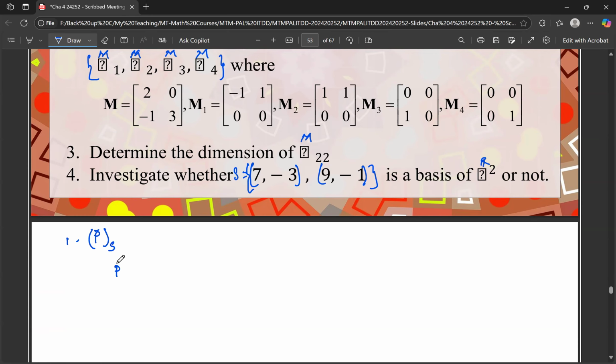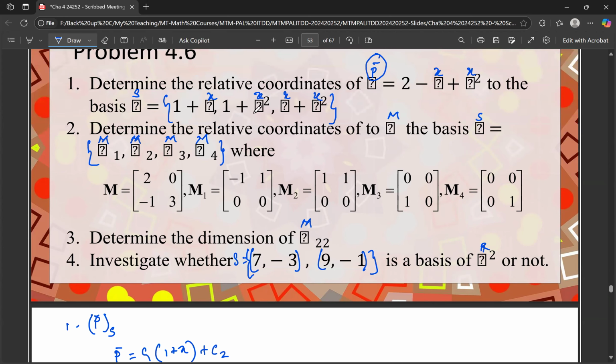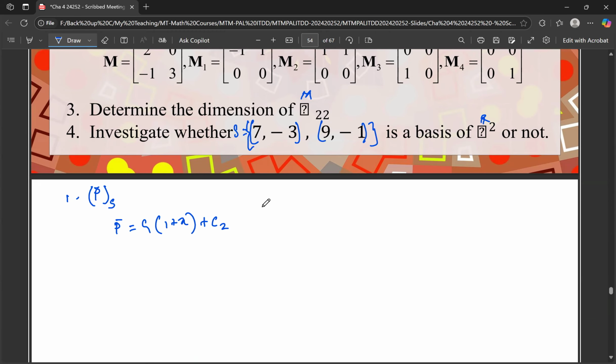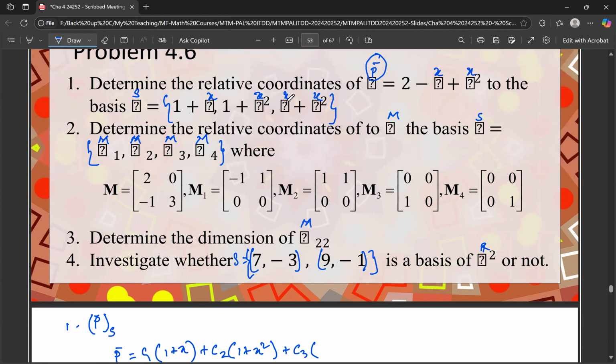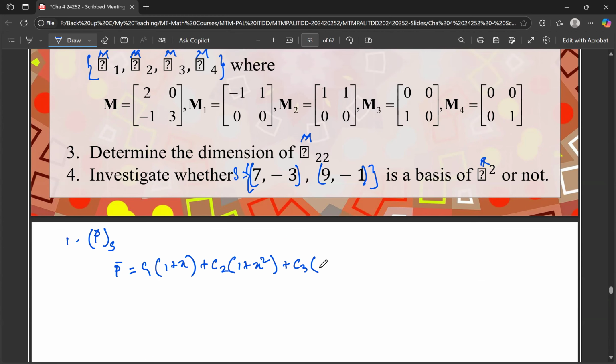So P must be a linear combination of the vectors: C1 times 1 plus x, plus C2 times 1 plus x square, plus C3 times x plus x square.